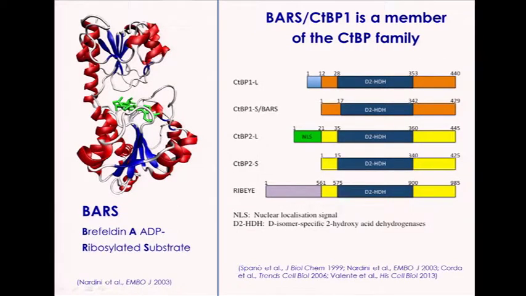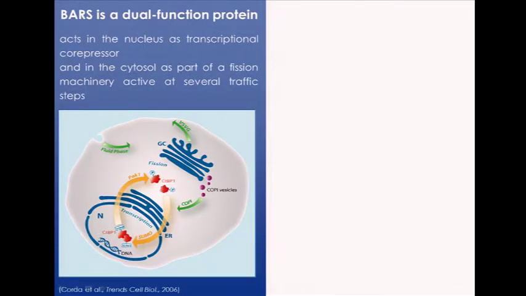Now, this is a family of proteins, and the interest in this family is that CtBPs are known as co-repressors of transcription, so they act in the nucleus, and thus we were facing a family of proteins with a dual function. So we have that BARS can be in the cytosol or in the nucleus, and this shuttling is determined by several events, for example, the cofactor that makes a monomeric versus a dimeric organization.